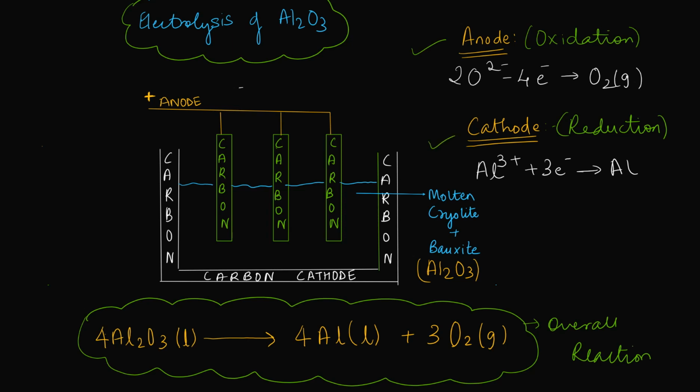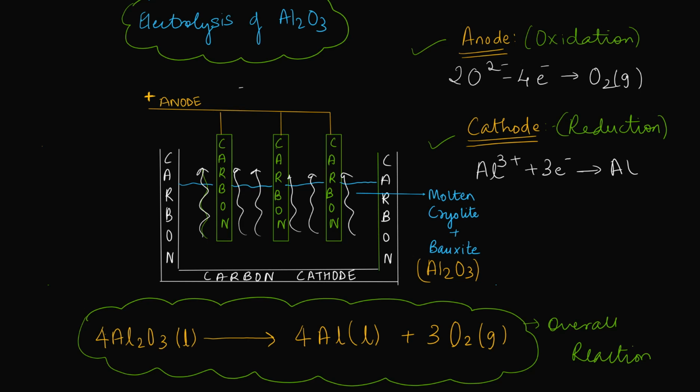Also, it's very important to see that the oxygen is forming at the anodes. Oxygen is traveling upwards, and while traveling upwards, it comes in contact with the hot carbon anodes.